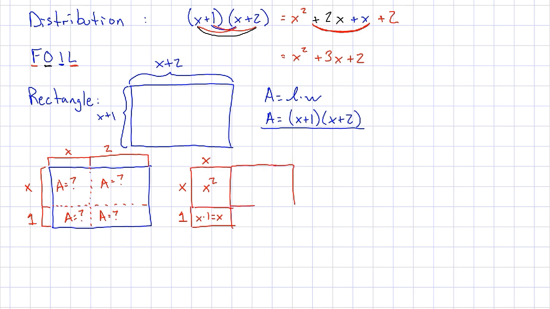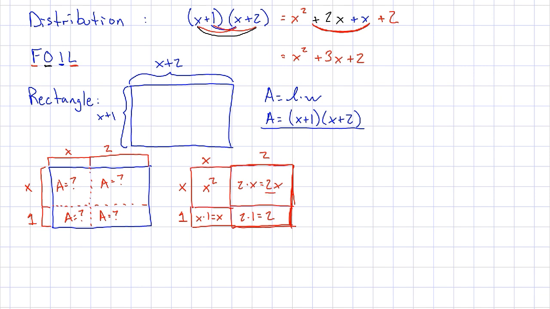Then I build here. Again, I apologize that it's not to scale. This length is 2, but the width is still x. So 2 times x equals 2x. And then my lower rectangle here, it has width 1 and length 2. So 2 times 1 equals 2.